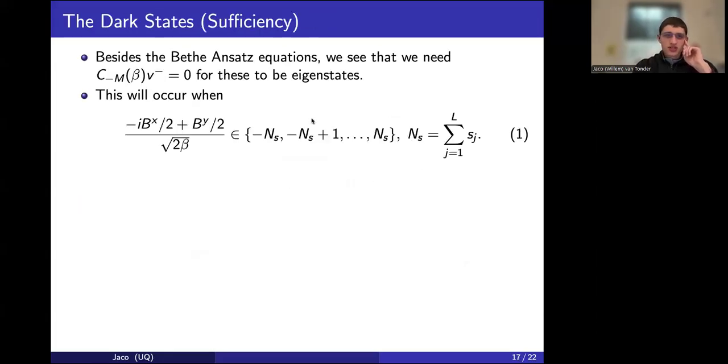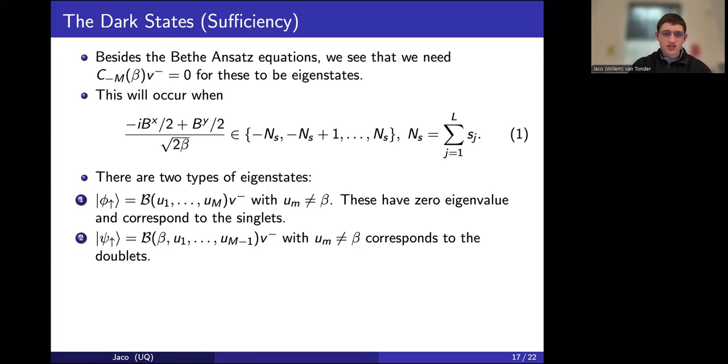And this condition simply corresponds to the magnetic field term satisfying this, which we saw at the start was basically the condition for dark states. And so we see that we obtain two eigenstates when this condition is satisfied.